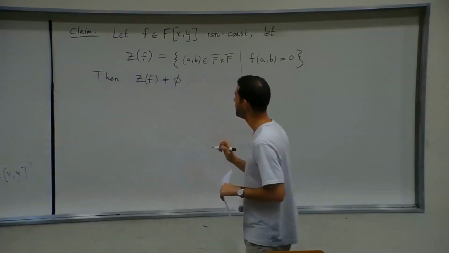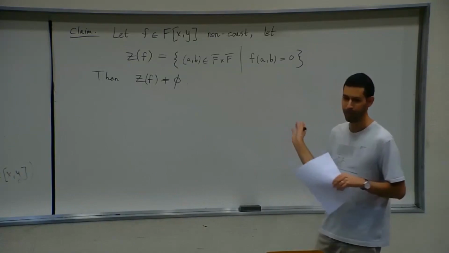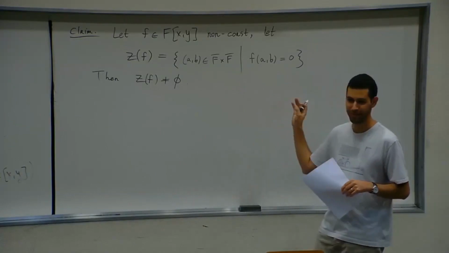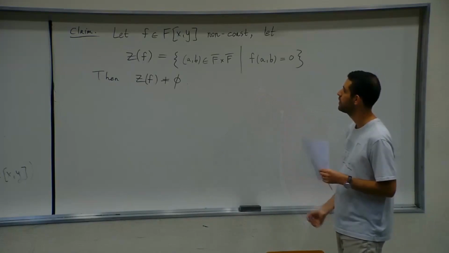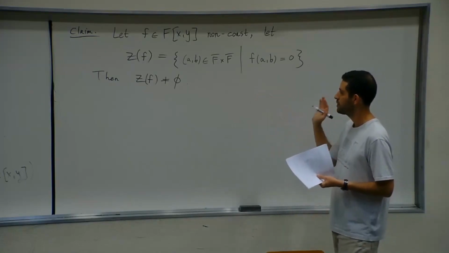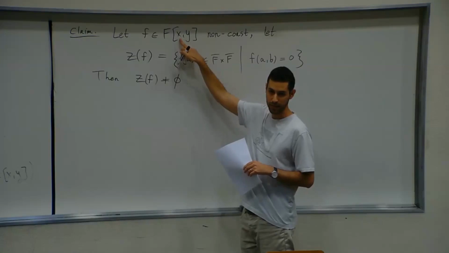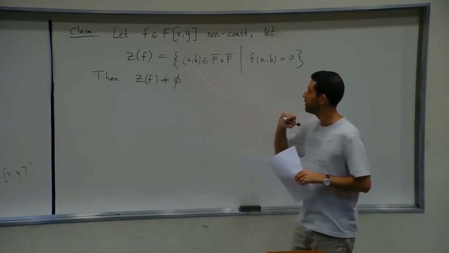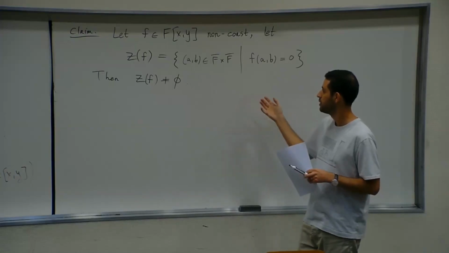I'm not going to prove everything, maybe I only sketch the proof. So first, if f is a polynomial only in x, then what can we do?